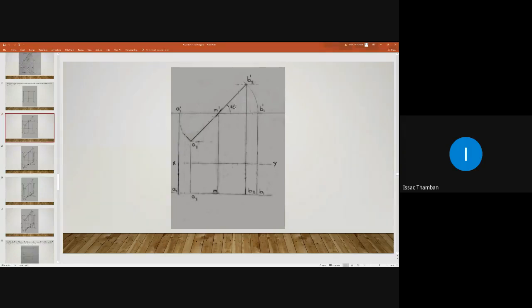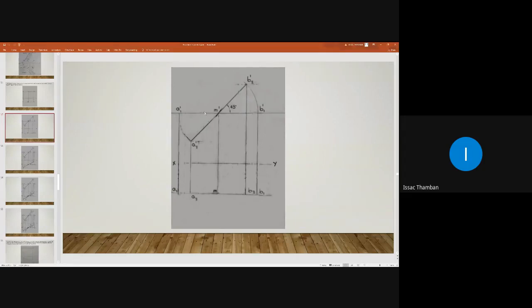This 45 degree line. Then you take radius 40. What is 40? 40 is the half of 80 mm. 80 is the true length. You take the half of that, that is 40 mm.